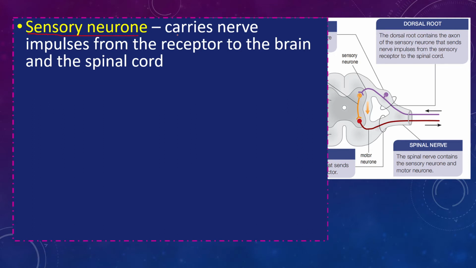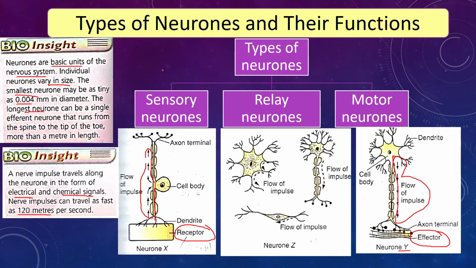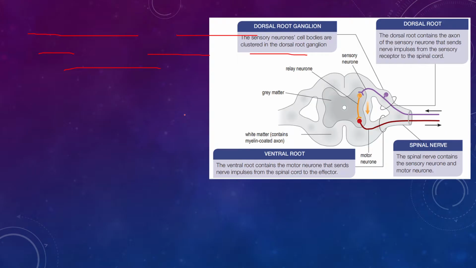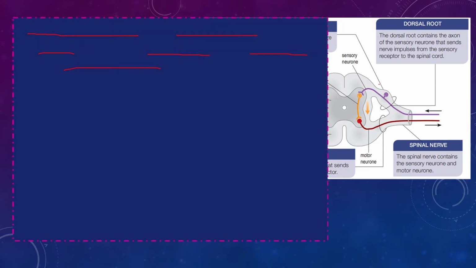The function is to carry nerve impulses from the receptor to the brain and the spinal cord. So that's why dia bermula daripada receptor di sini. So the picture here is the sensory neuron. Look at the arrow.